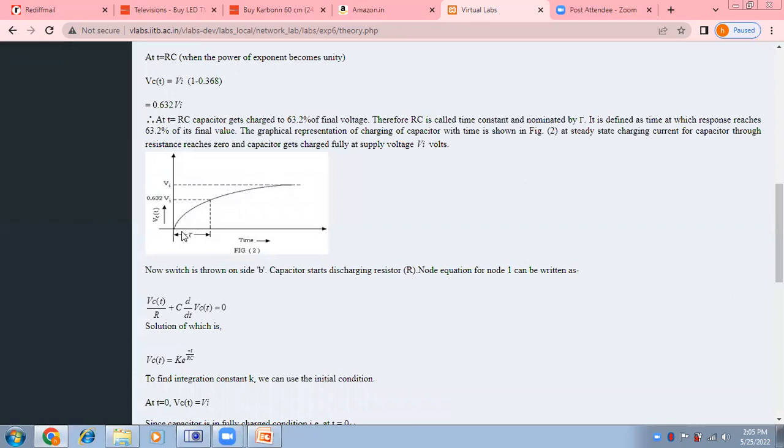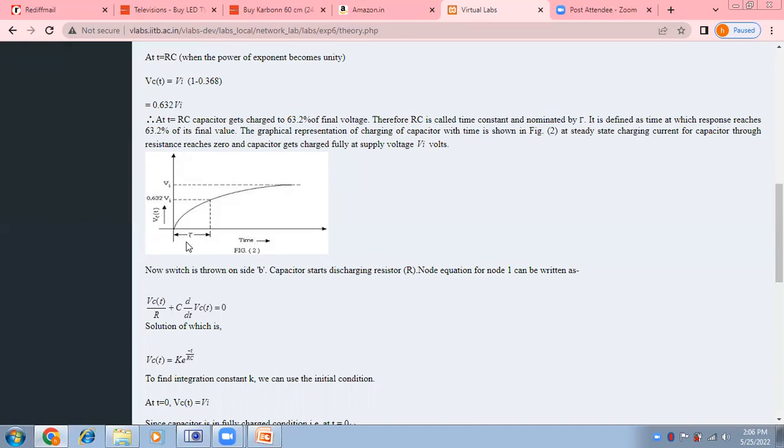At time t equal to 0, the voltage across the capacitor Vc(t) is 0. But as I close the switch at t equal to 0, the voltage across the capacitor rises and will reach, at time t equal to infinity, a steady value of the maximum supply voltage, that is Vs. Whatever the time required for this rising curve to reach 63.2% of the final value, that is called tau, the time constant.